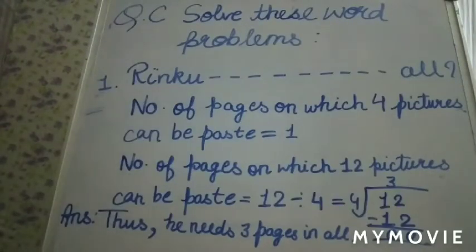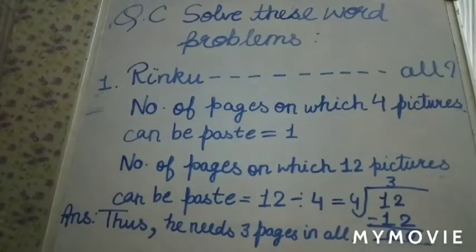Question number C is related to word problems. The first word problem is: Rinku has to paste pictures in his Tell Me More scrapbook. He can paste 4 pictures on one page. If he has to paste 12 pictures, how many pages does he need in all?